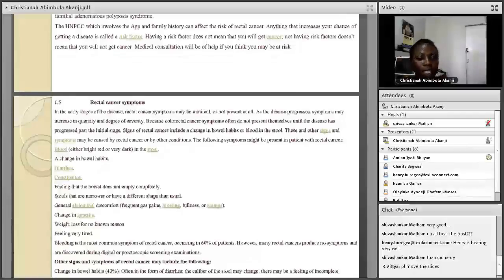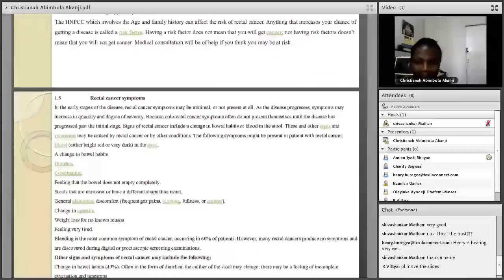The signs of rectal cancer include a change in bowel habits or blood in the stool. The symptoms may be caused by rectal cancer or by other conditions.